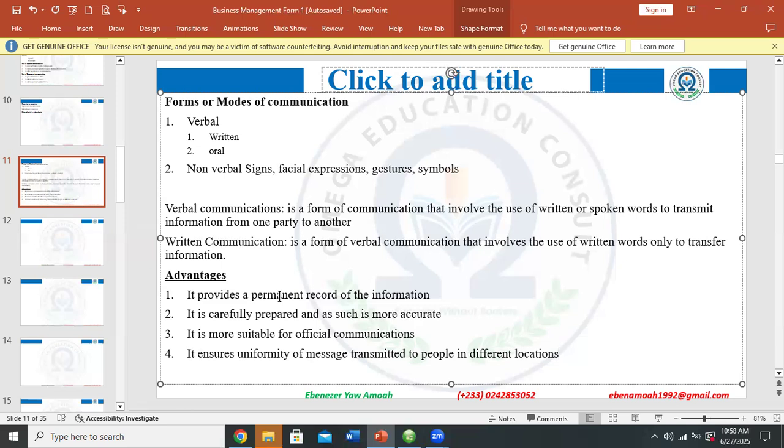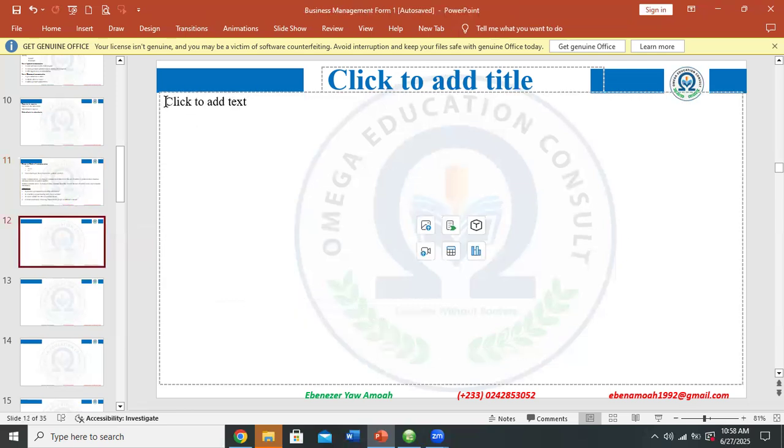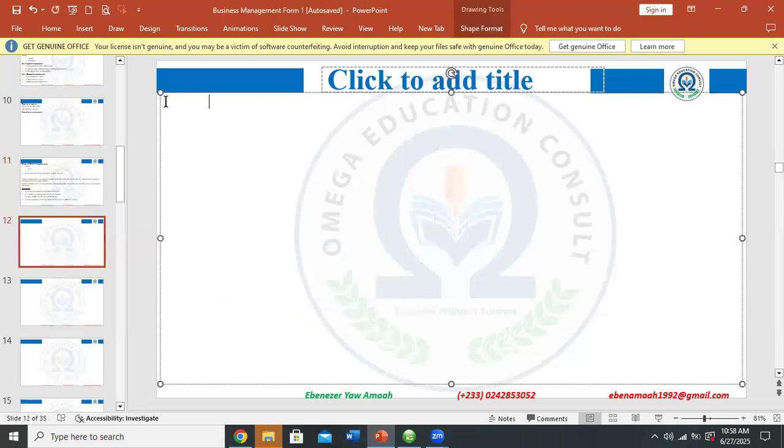Now let's look at some of the disadvantages of writing. So if you are writing a letter, if you are typing an email, what are some of the disadvantages? So from the point that you have to take time to prepare, I would say that written communication takes time to prepare.